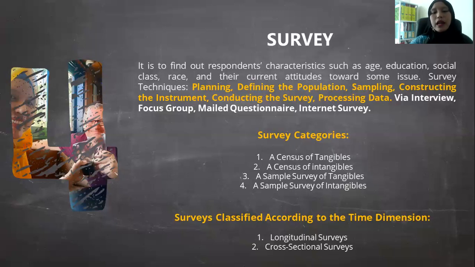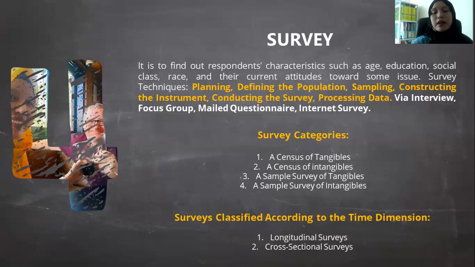Yeah. And then after you construct the instrument, you conduct the survey. How do you conduct the survey? You can do it via interview. Okay. You can also do it through a focus group discussion, FGD, or you can also, this one is very simple, mail the questionnaire.